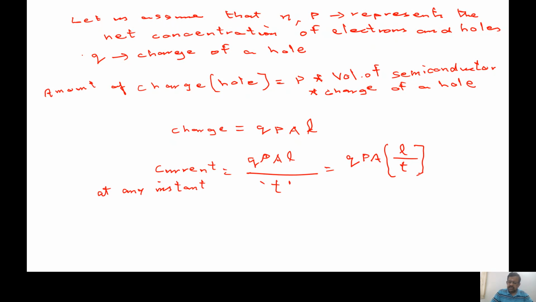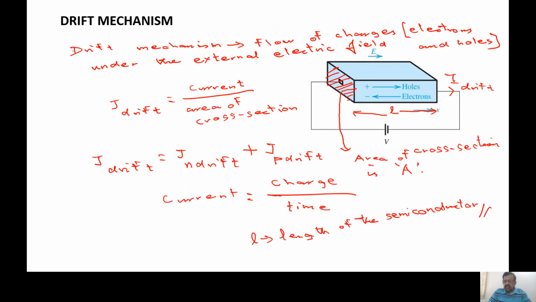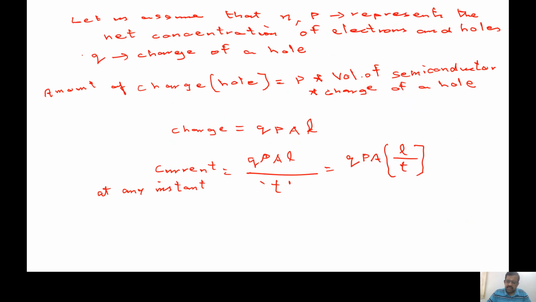Now what I want you to understand and visualize here is, as the charges move in response to the application of an external field, they gain an average drift velocity. I represent that average drift velocity of holes as V, and V is Vp drift.